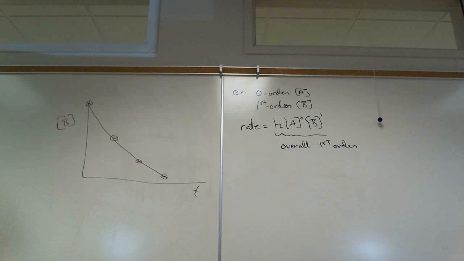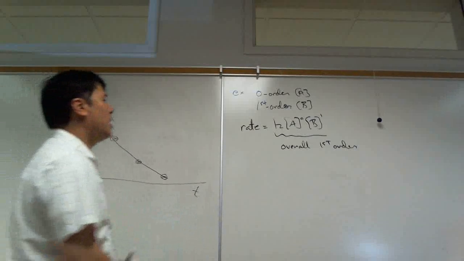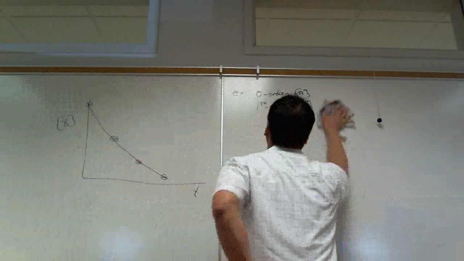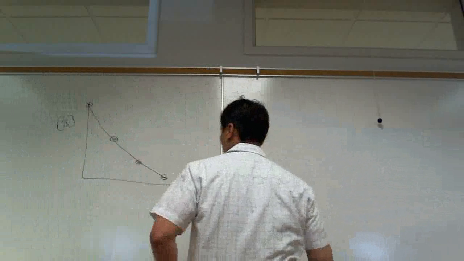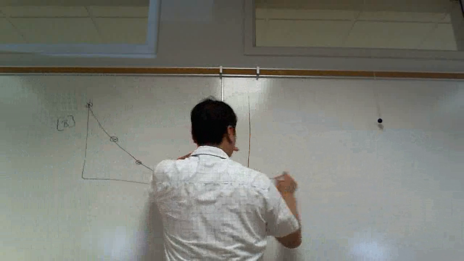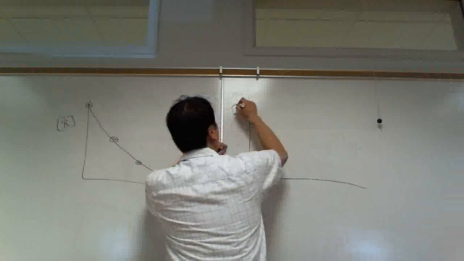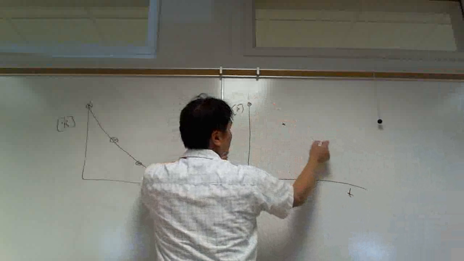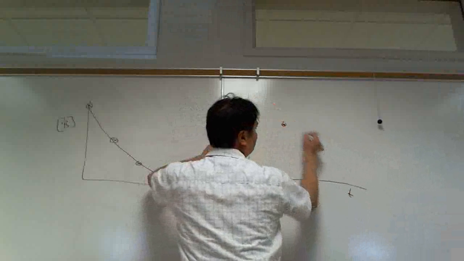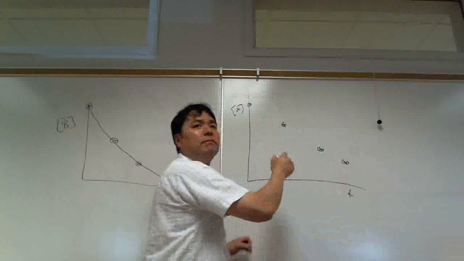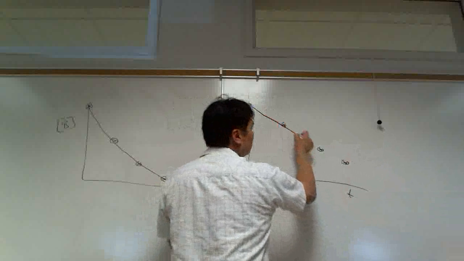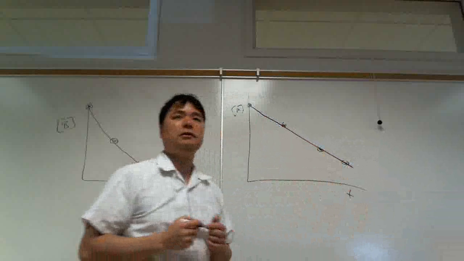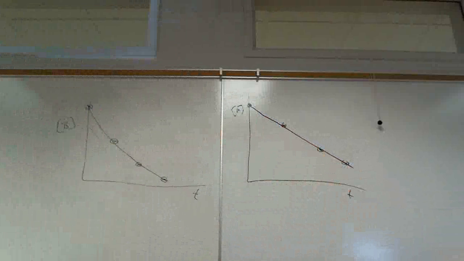And so this is what a plot of B would look like. What would a plot of A look like? Would a plot of A be a straight line? Because it's zero order. A zero order decay should be linear. Right? A straight line.